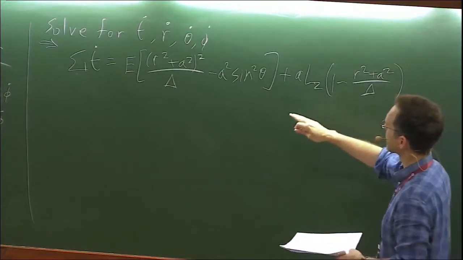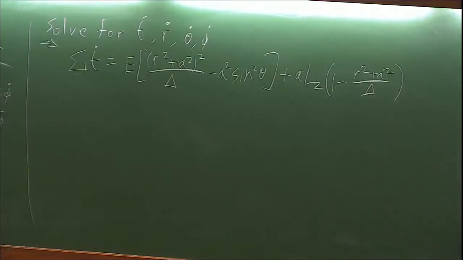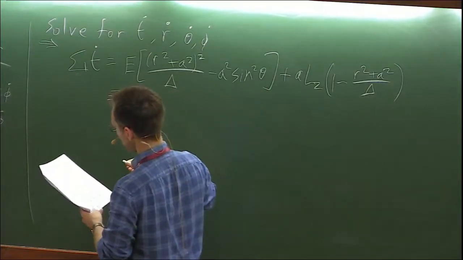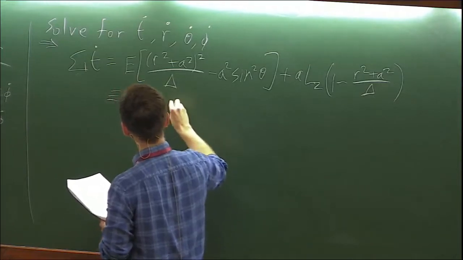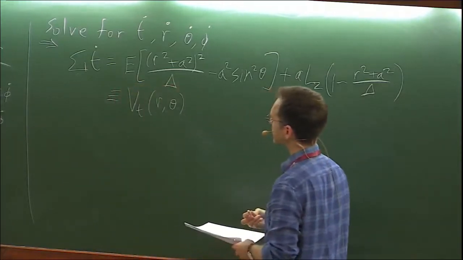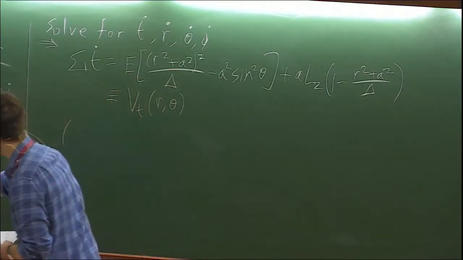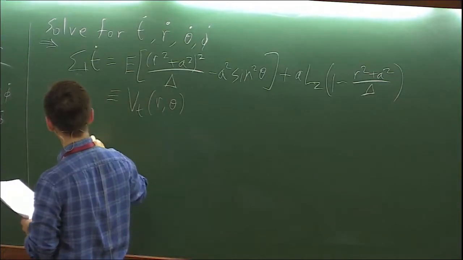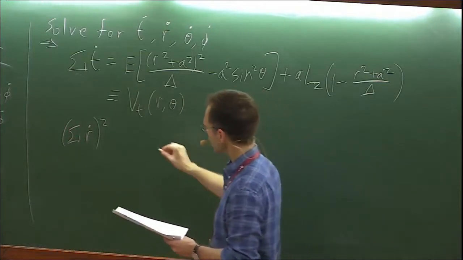But the important thing to see is that everything on the right-hand side only depends on r and theta. There's no dependence on t or phi. So I'm just going to define this right-hand side to be V_t, which is a function of r and theta. Now from this equation, we get an equation for r dot squared.